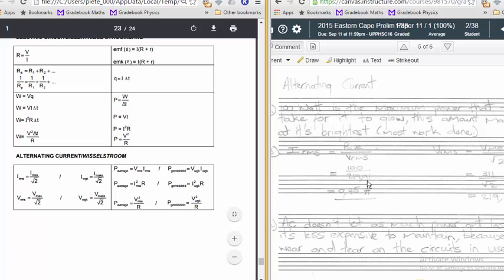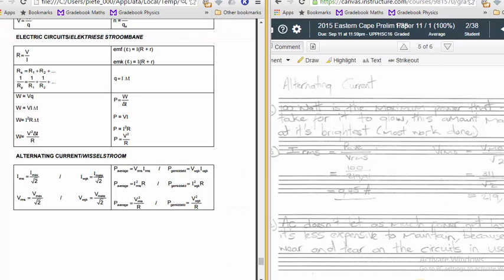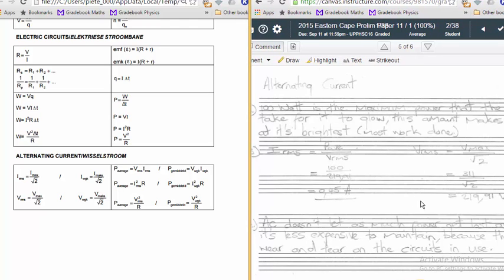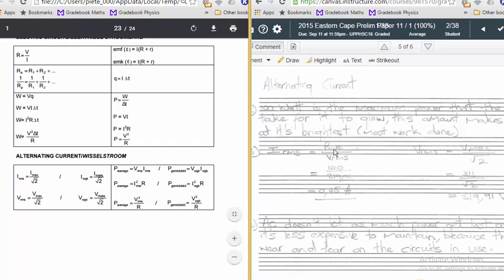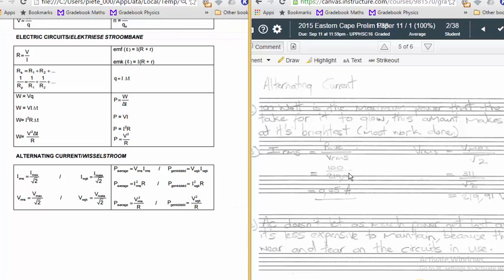So we'll first have to work out the root mean square voltage, because the only information we have is the maximum volts. So maximum volts divided by the square root of 2 gives me the root mean square voltage. And then in here, I can divide both sides by the root mean square voltage, and that will give me the root mean square current. So average power, which is 100, divided by the root mean square voltage, gives me this answer, and that is absolutely perfect. See what the other student did.